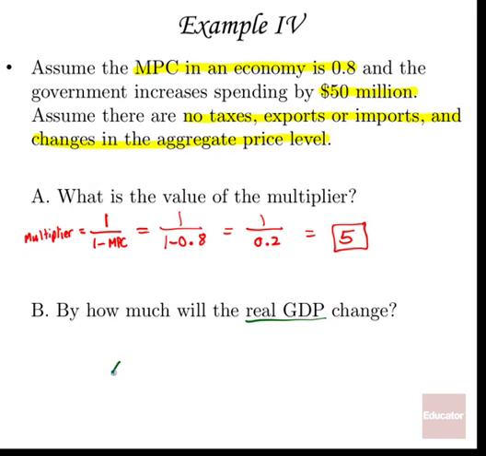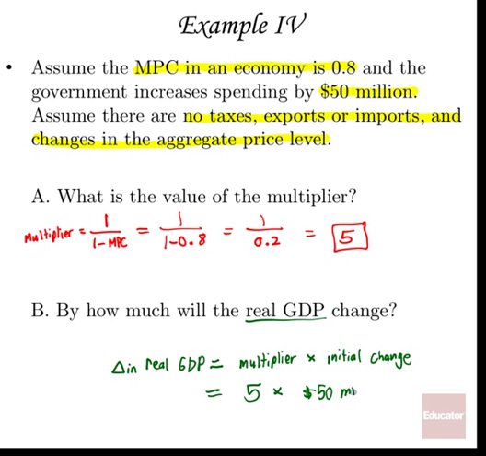Okay, so the change in real GDP is going to equal the multiplier times the initial change. And what did you have here? Well, the multiplier was 5. 1 over 1 minus MPC times 50 million.